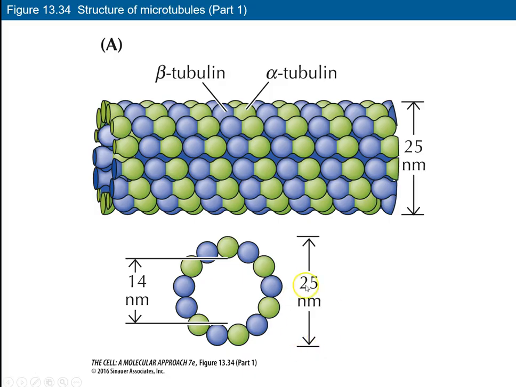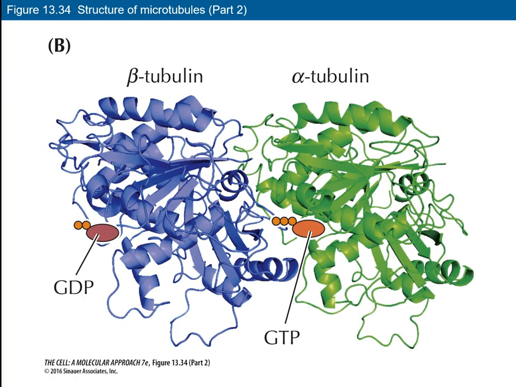Okay, so if we look here, you can see these are the globular tubulins that join together to form the dimer, and this is referring to the beta and the alpha tubulin. Again, I'm going to ask you about the structure, and even just knowing that it's beta and alpha tubulin, it's not really that important at this point. We really just want to know that they form dimers, and then they arrange to form these hollow tubes.